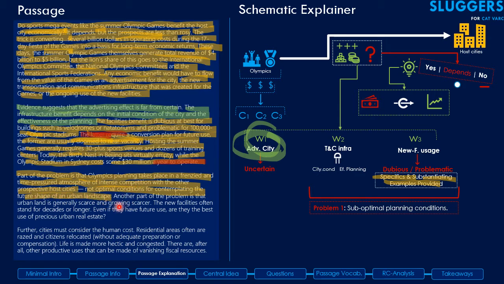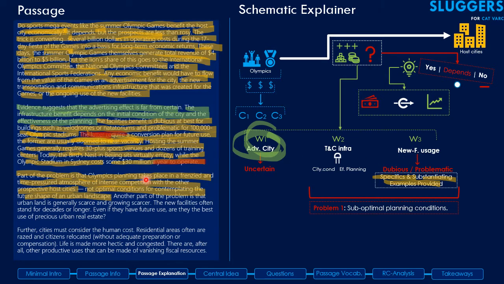Okay, so what he means is that because of this time-pressured atmosphere and the chaotic environment, the city planners are not in a position to take into account what should be the proper future shape of the urban landscape, and accordingly create the transport and communication infrastructure, or whatever other infrastructure might be required, right?